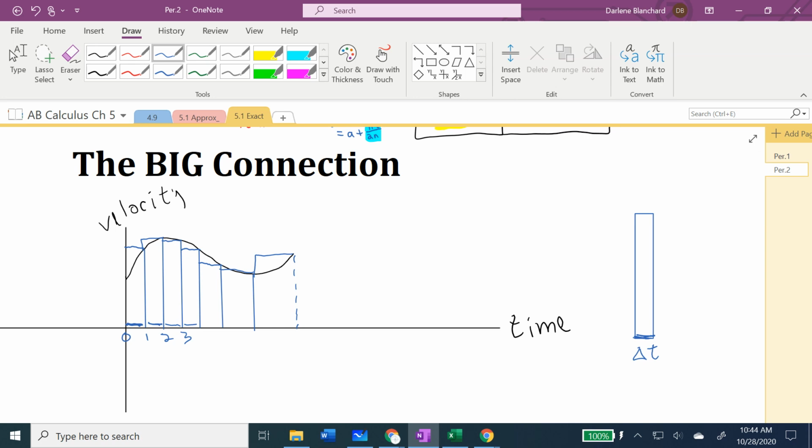What is the height of the rectangle representing? The height of the rectangle is representing a certain value of a velocity.